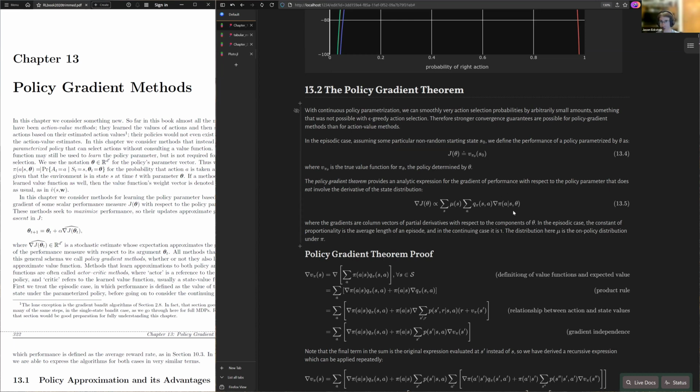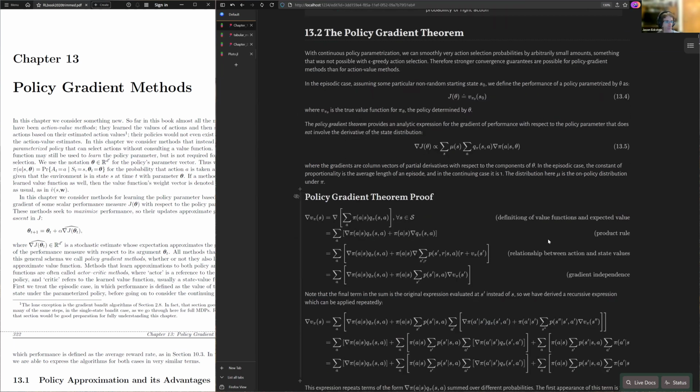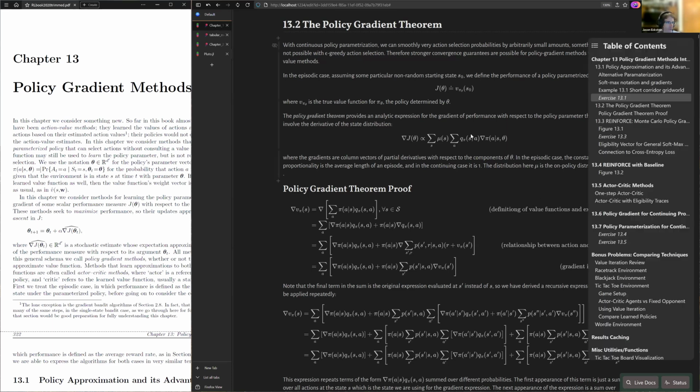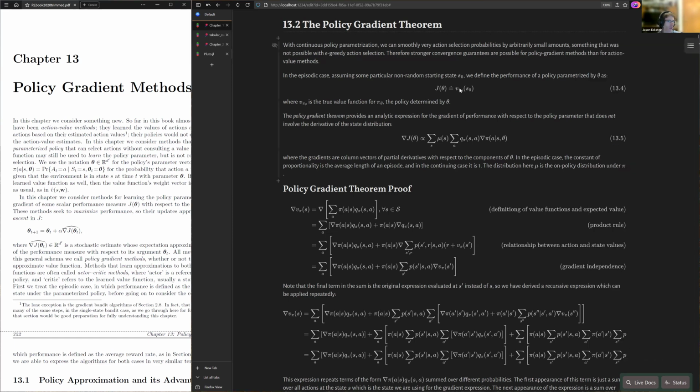Now, in terms of proving this, there are two main parts of the proof. The first section involves coming up with a more convenient expression for the gradient of the value function at any arbitrary state.